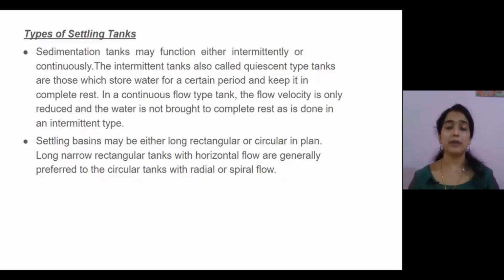In the intermittent type of settling tank, water is stored for a time period that is known as the design period, which is different for different types of tanks. In this time, there are no operations other than settling in the water treatment process.